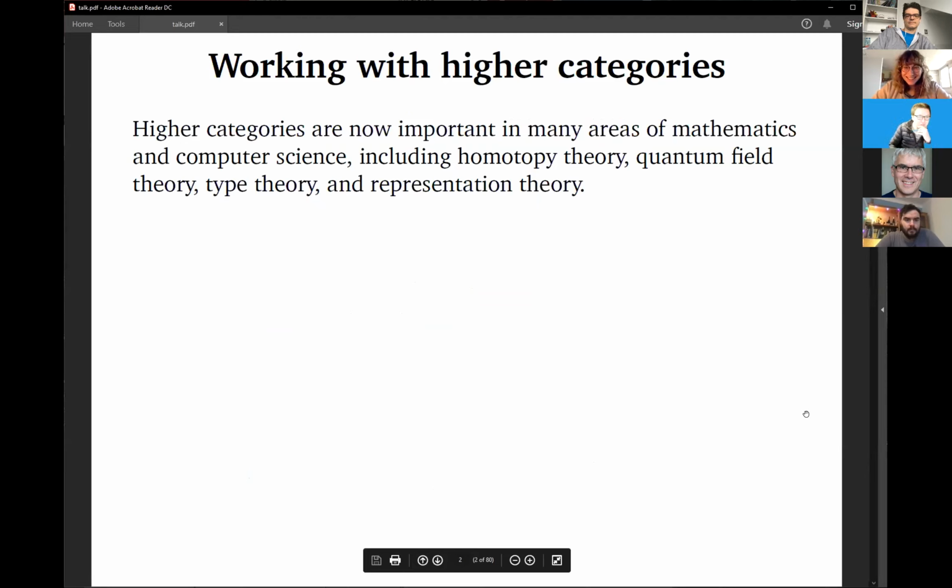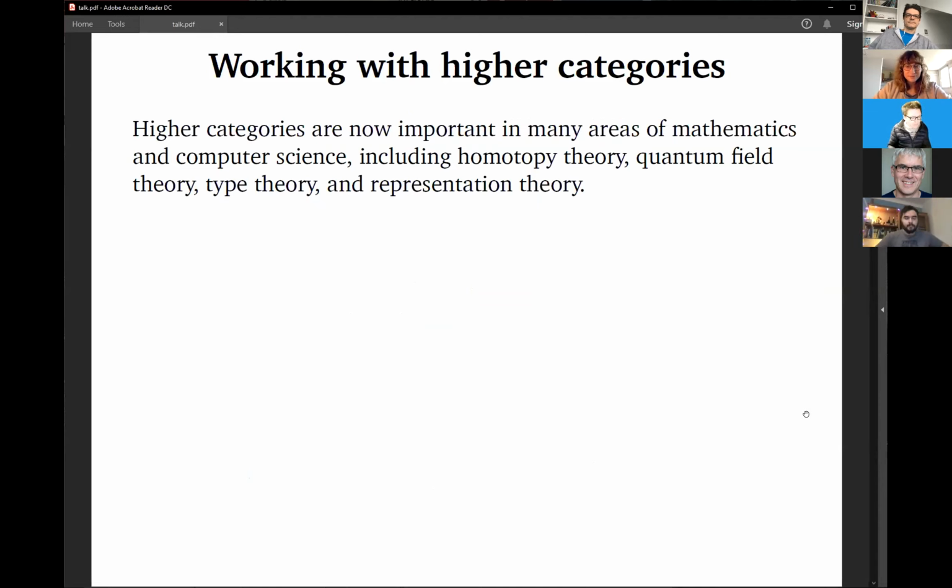So higher category theory is important, as we know, in many areas of mathematics and computer science. In computer science, we often focus on the relationship between higher category theory and the structure of groupoids, and type theory. But higher category theory is used in many other areas: quantum field theory, representation theory.